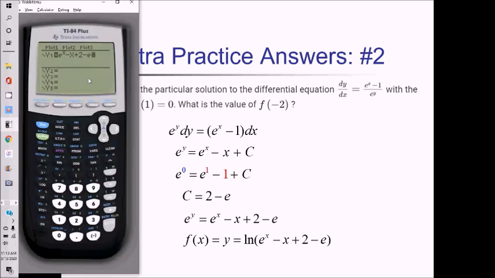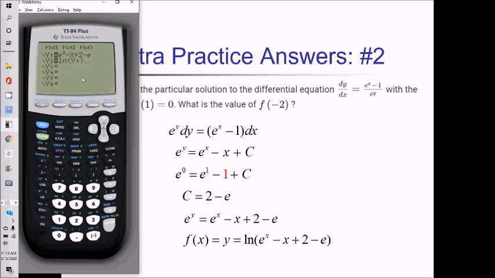So here's what I've got going on my calculator. I've taken a moment to enter all of this stuff in my y1, and actually I should have done ln of all that stuff. So let me just go down to y2 and do ln, and then let me just do alpha trace y1. There we go. Problem solved. I could have just done ln of all this stuff originally, but I forgot. Easy fix, though.